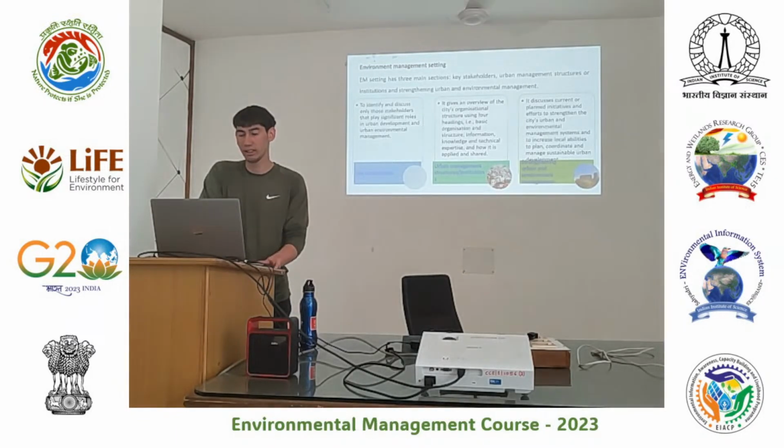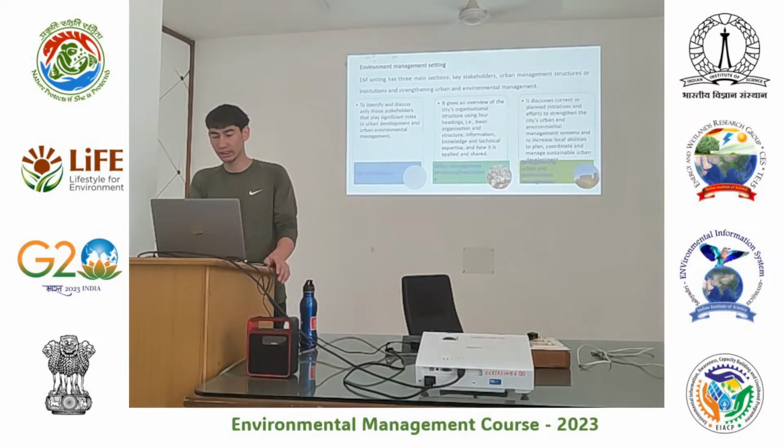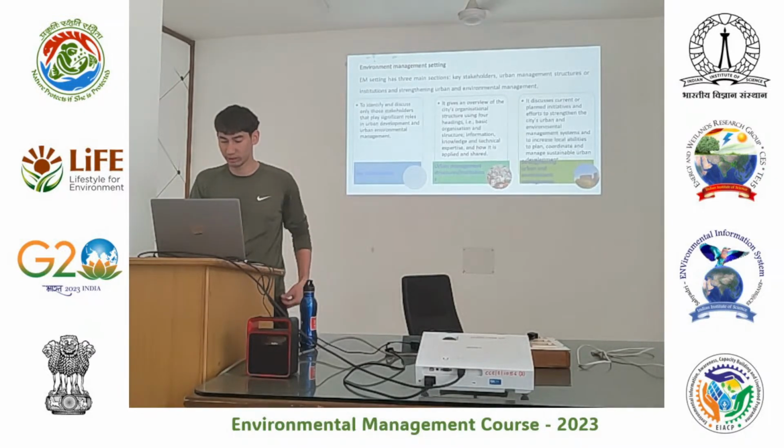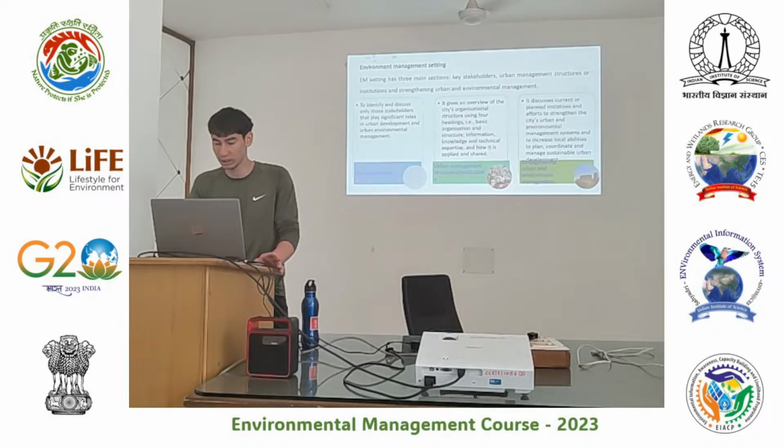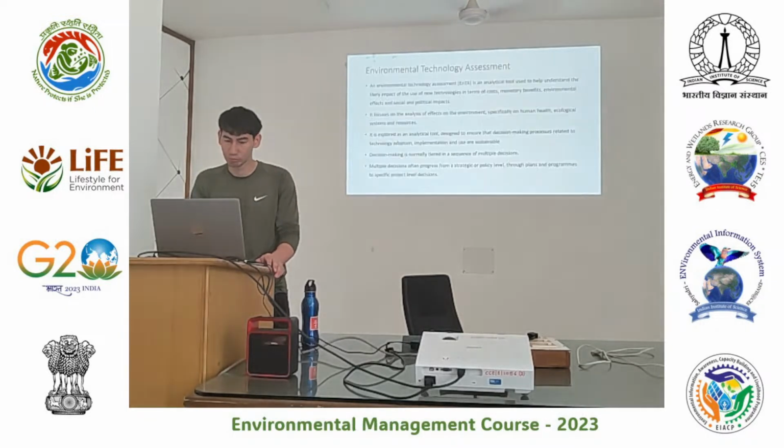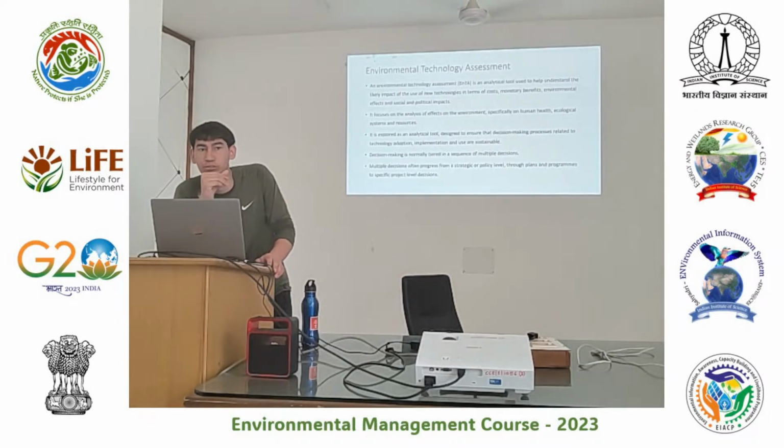Then the third is strengthening urban and environmental management. So it discusses current or planned initiatives and efforts to strengthen the city's urban and environmental management system and to increase local ability to plan, coordinate, and manage sustainable urban development. So we will move on to the next.